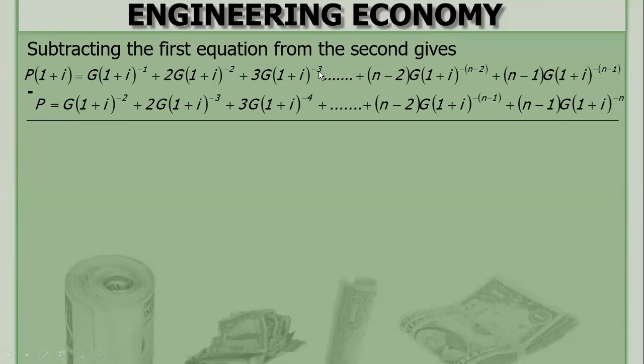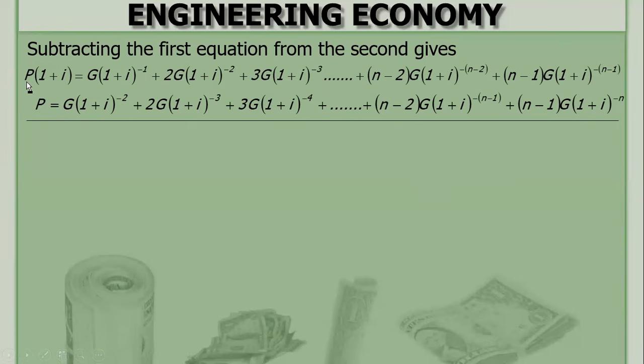Same with exponent negative 3, 3G minus 2G, G. And the next term is 4G times 1 plus I raised to negative 4. 4G minus 3G, just G.